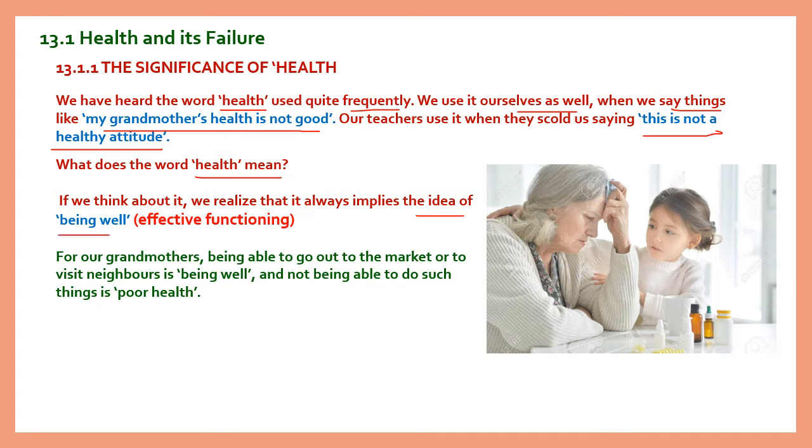Being well means effective functioning. If our body is functioning effectively, properly, it means our body is healthy, otherwise not. So being well is the idea of health or a healthy person. For our grandmother, being able to go out to the market or to visit the neighbors is being well. And not being able to do such things means poor health.